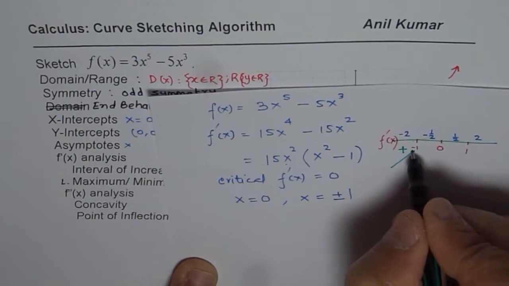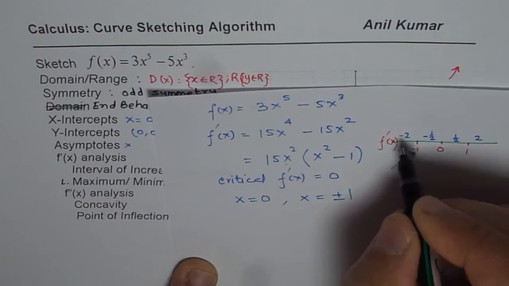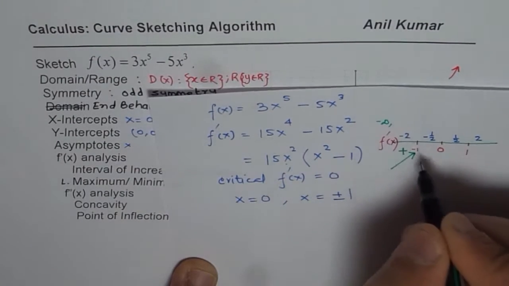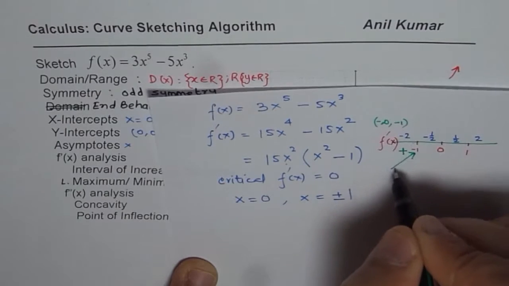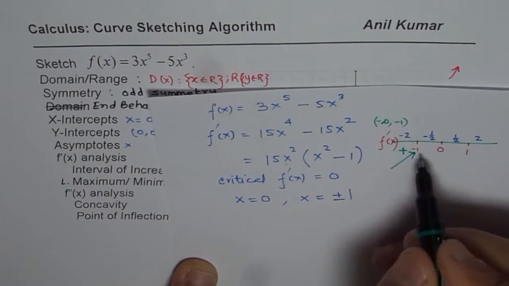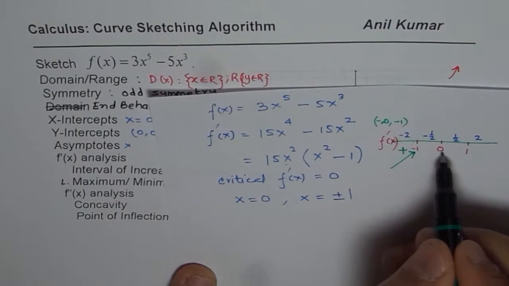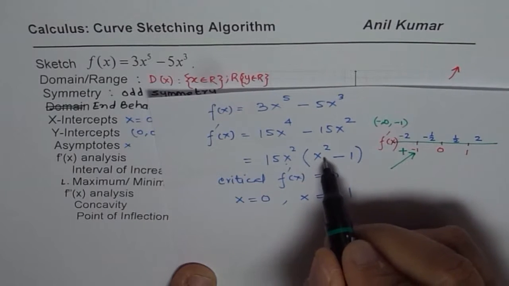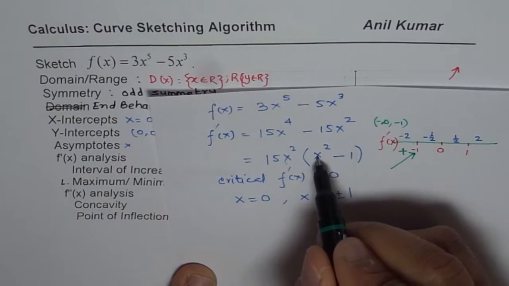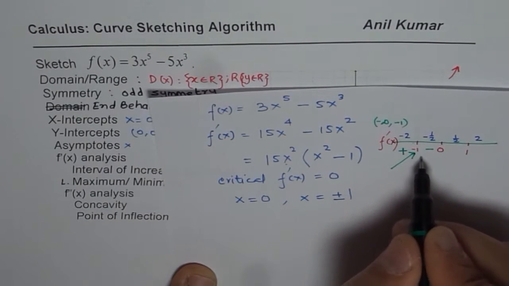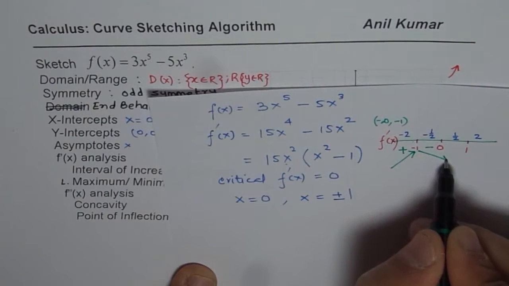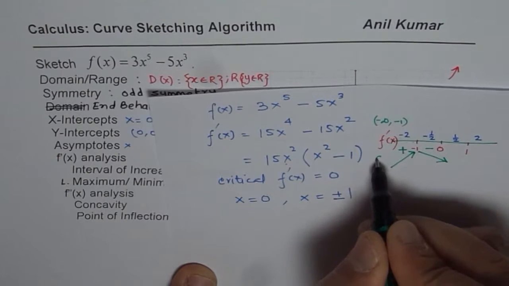So the function will be increasing from minus infinity to minus 1, correct? So that is how it will behave. Now in the interval from minus 1 to 0, if I substitute minus half, the first term is positive, the second term will be negative, so it will be negative, and that means the function will be decreasing, right? So this is about the function f of x, correct?